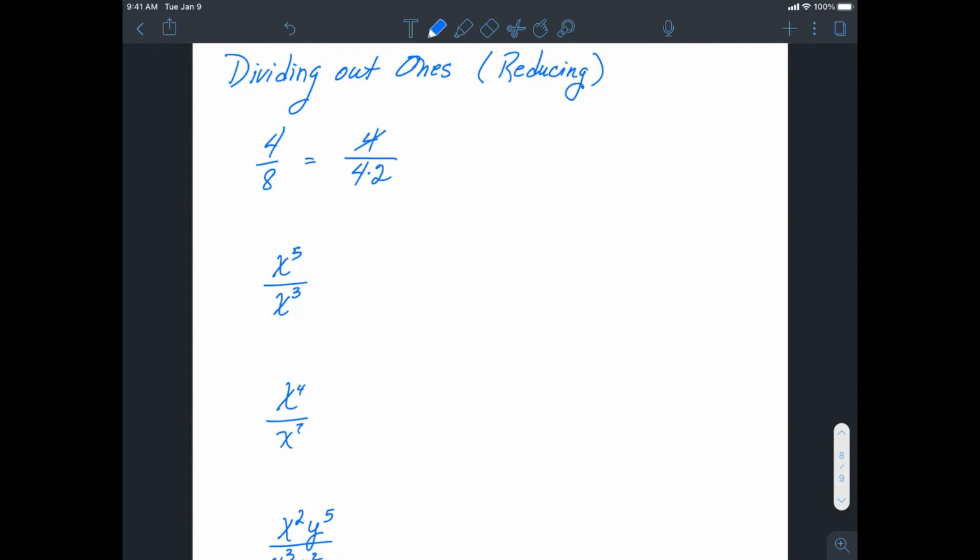And 4 divided by 4 is 1. And then the 2 is left. So this would be 1 over 2, or 1/2. And that's essentially the way we simplify numeric fractions.